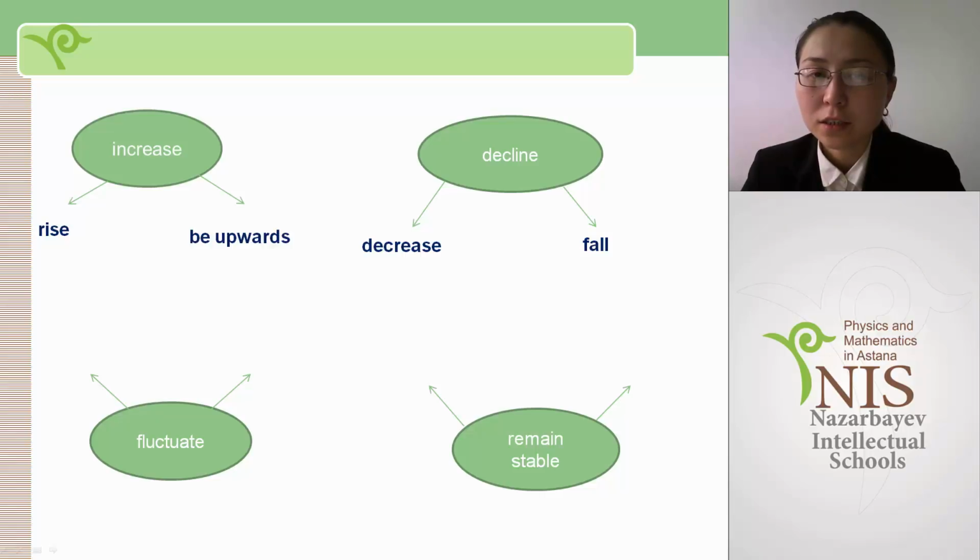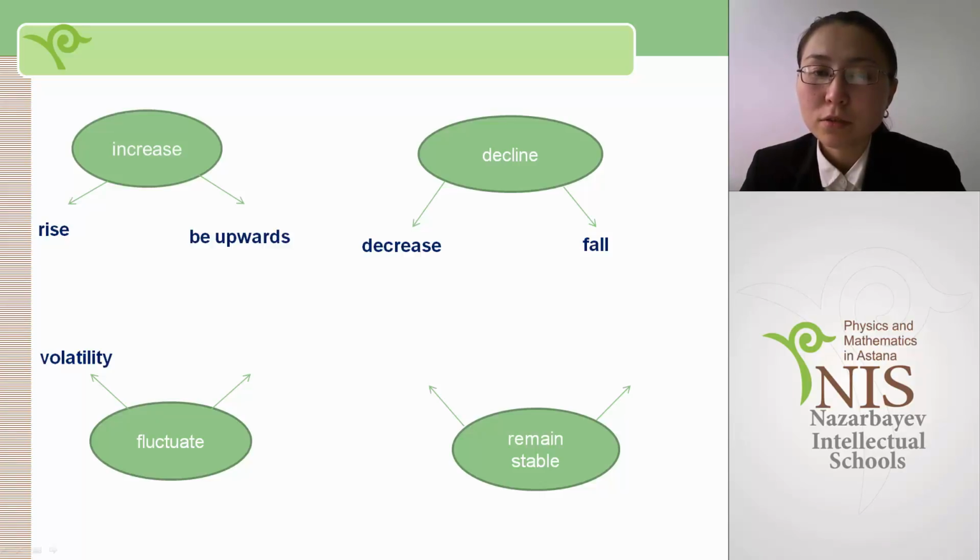Any synonyms? Good. This word may be a new one for you. Volatility. If something experiences a period of volatility, that means it fluctuates. Volatility. Can you repeat after me? Volatility. That's great.